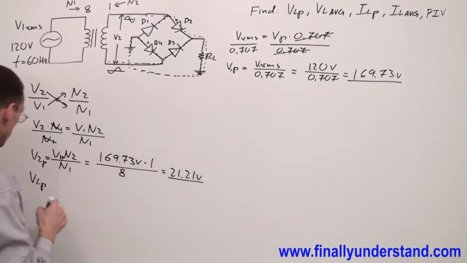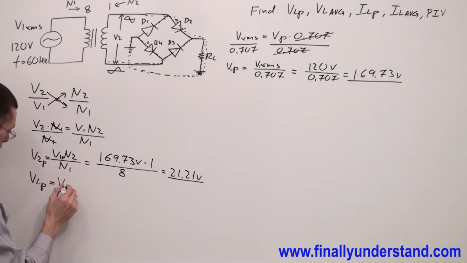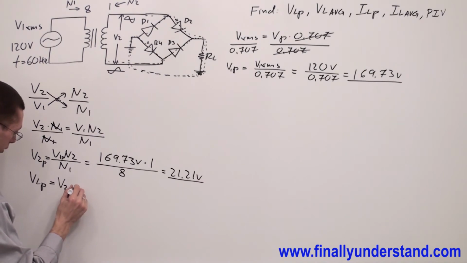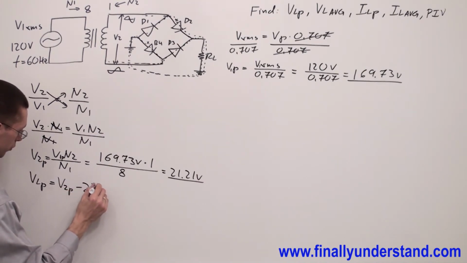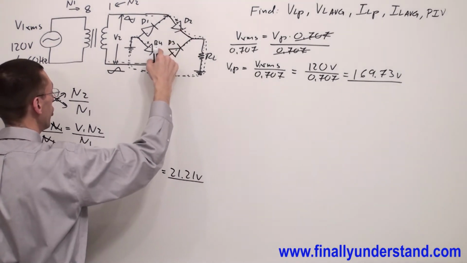That's why in order to find the VL peak, I'm going to subtract from V secondary peak 2 VDs, because each diode is going to drop 0.7 volts.